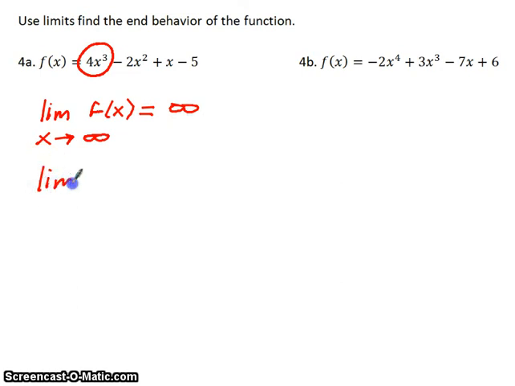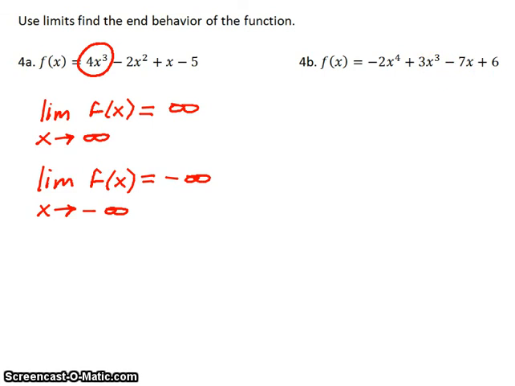And remember that because we have an odd degree, we have the split ending behavior. So as x goes to negative infinity, the y value is going to go to negative infinity. Remember, you guys, that you would actually see that if you were to plug in the x values here, right? If you were to plug in the x values, you would actually see this pattern.